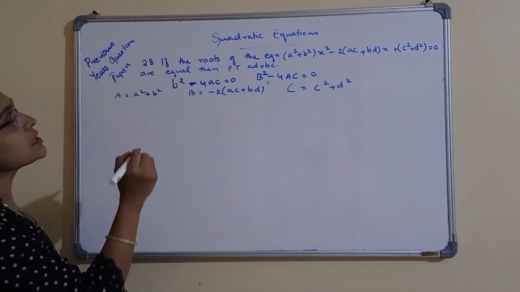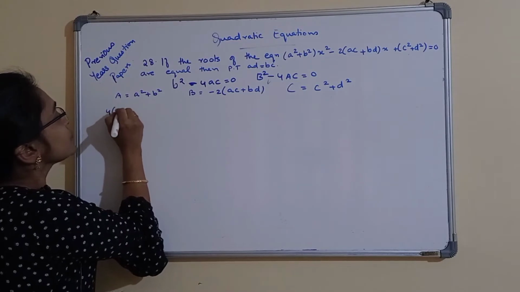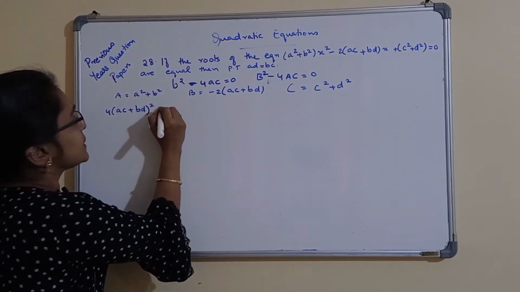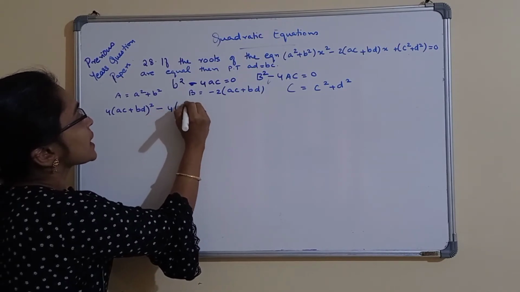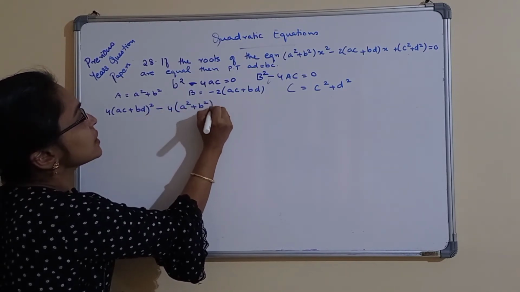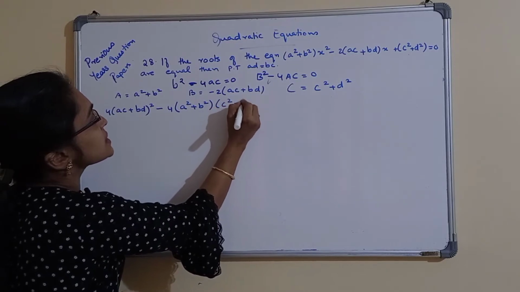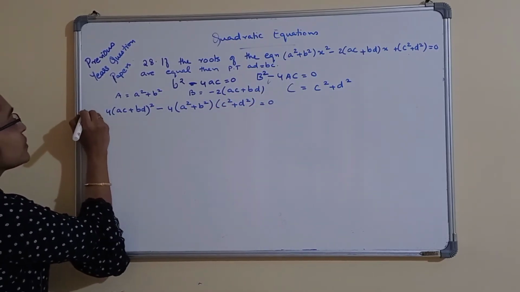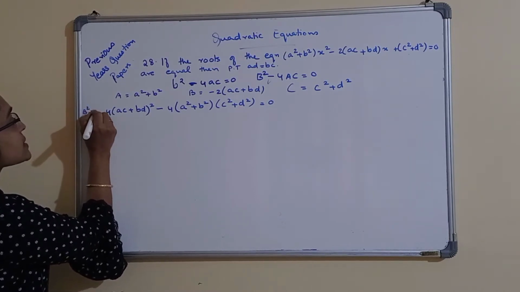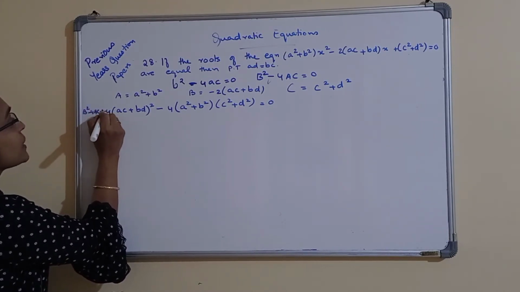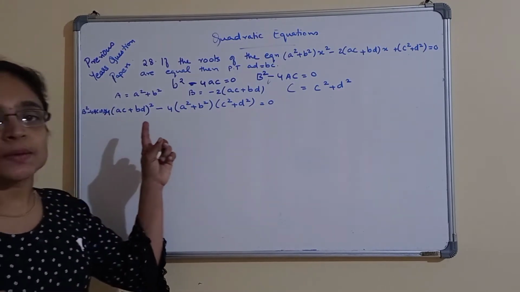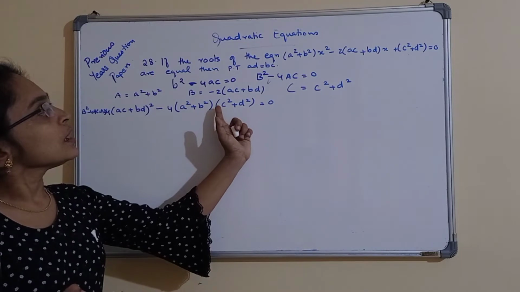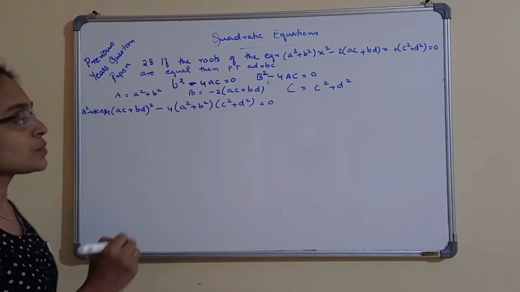Now b square minus 4ac is 4 into (ac plus bd) the whole square minus 4 into (a square plus b square) into (c square plus d square) is equal to 0. We can write b square minus 4ac equal to 0 implies 4 into (ac plus bd) the whole square minus 4 into (a square plus b square) into (c square plus d square) equal to 0.